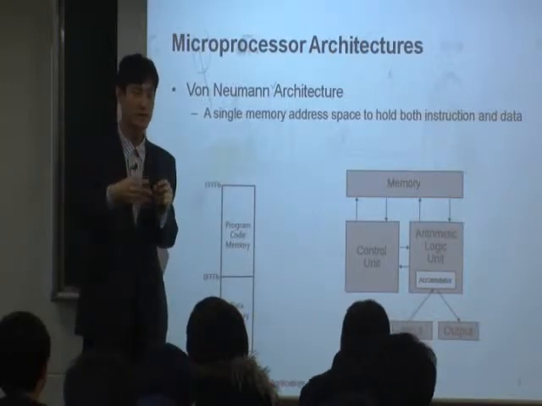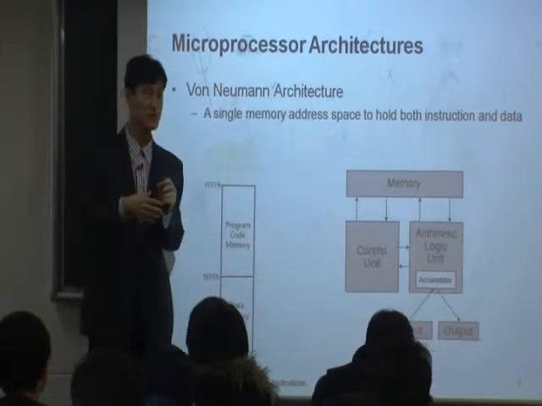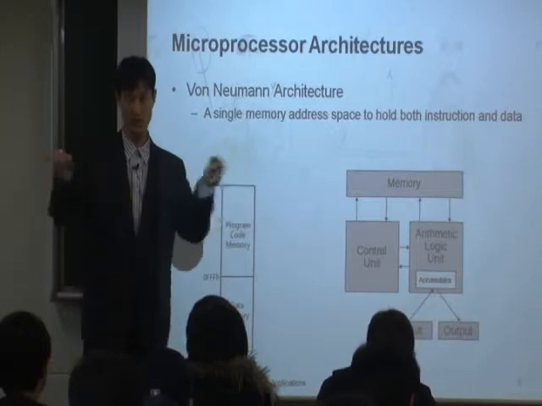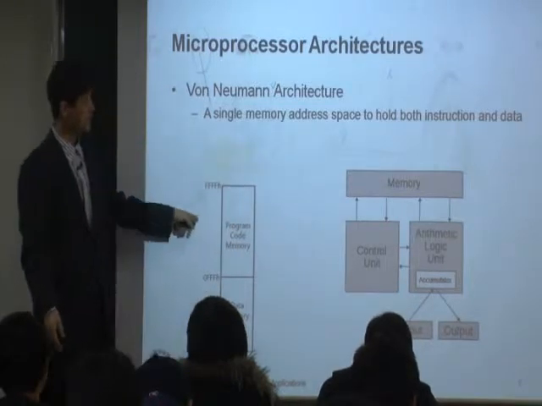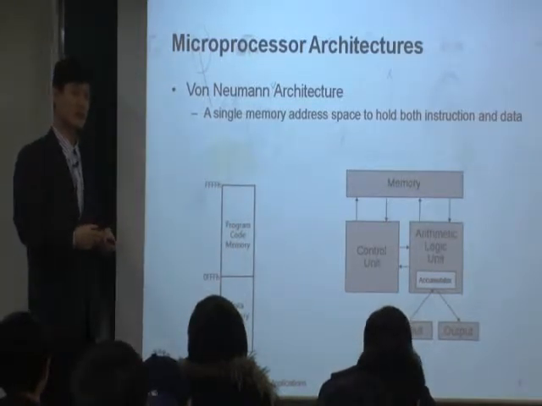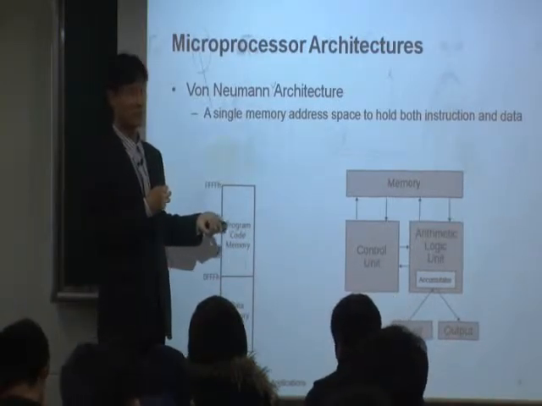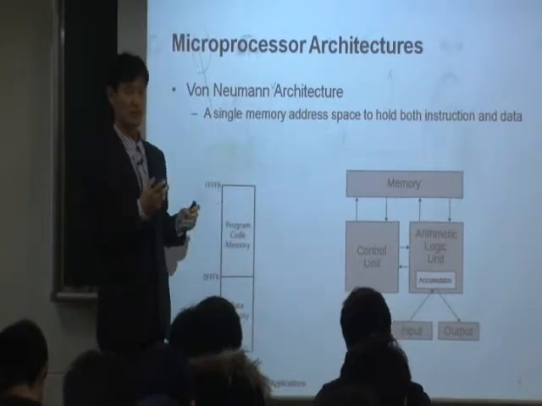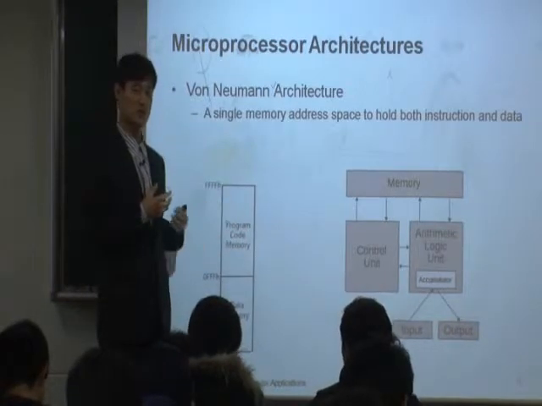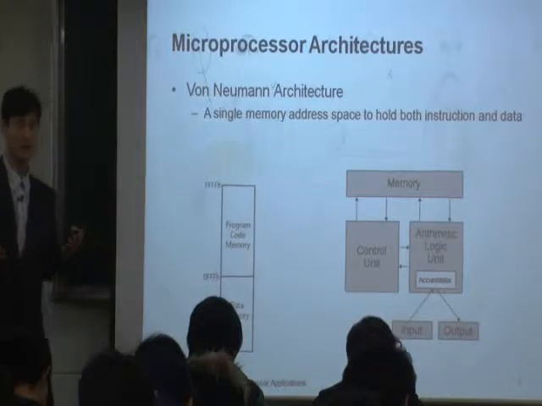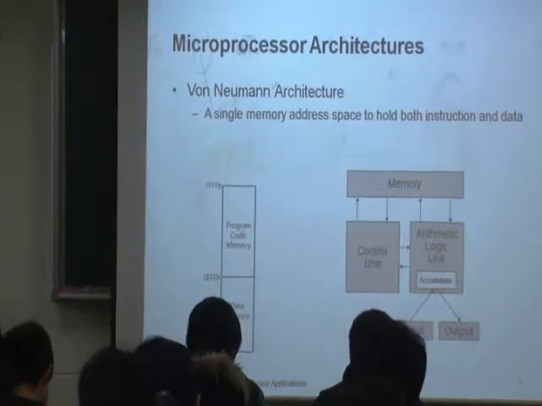So how fast you can run, that's the performance. So in Harvard architecture, it's faster, right? Because you can access two at the same time. But in von Neumann architecture, it's maybe a little bit slower, but it is much easier in hardware, right? You need only one memory, one bus. This is much simpler. So there are some pros and cons.